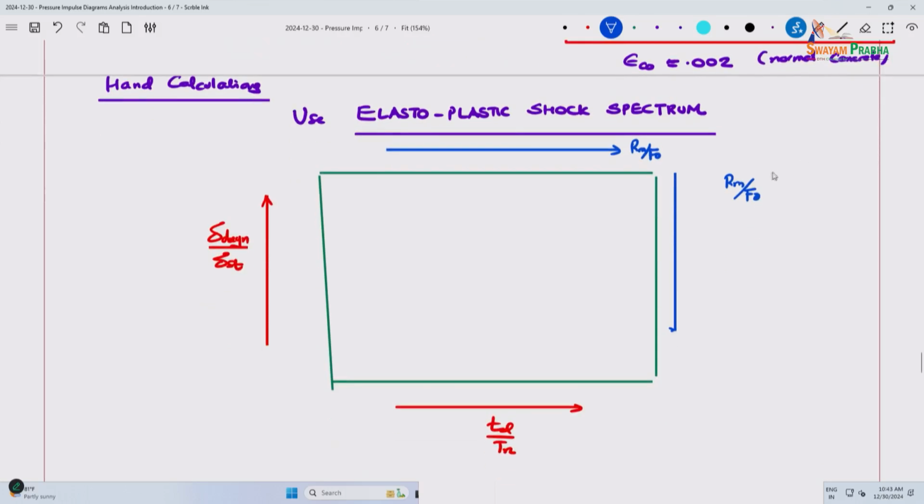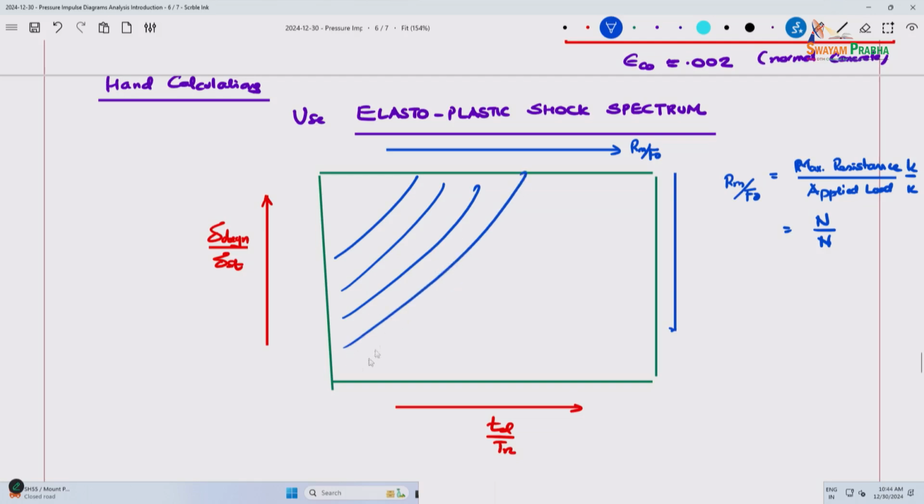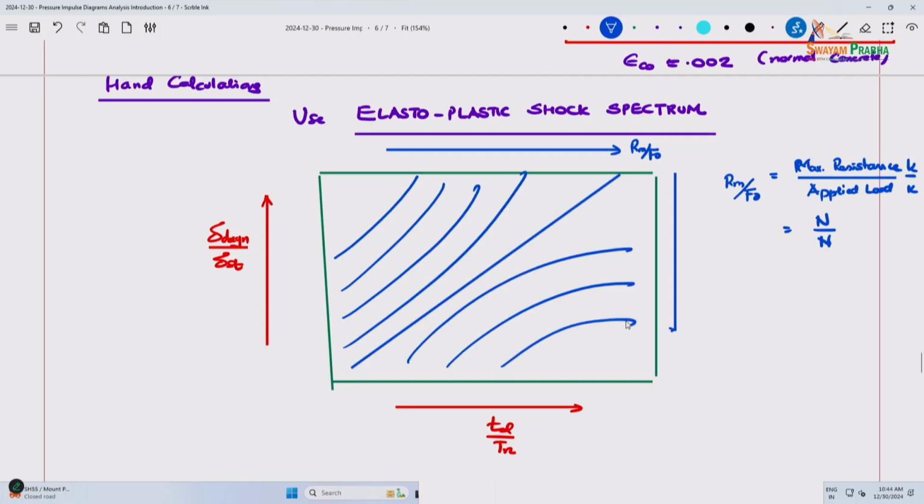And Rm is the maximum resistance divided by the applied load. It's a non-dimensional quantity. And here you'll see curves that go like this, for different Rm by F naught ratios.